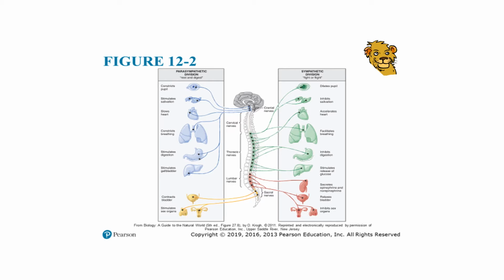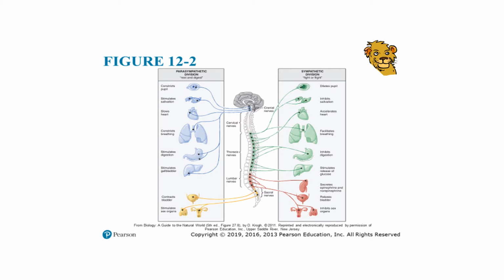So it's going to dilate the pupils so you have a fantastic peripheral vision. It's going to shut down the salivary glands and the digestive tract. It's not required right now. And that's why when you're really scared, you have a dry mouth, right? You feel like you could drink some water or something because you've had a fright.